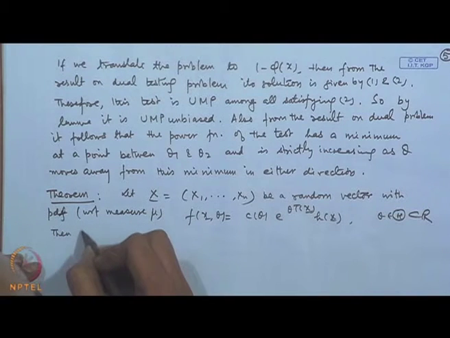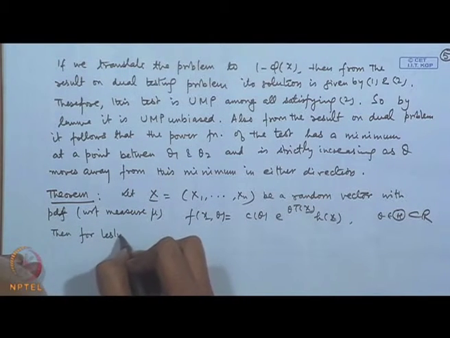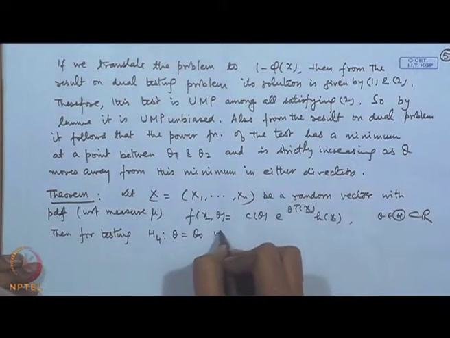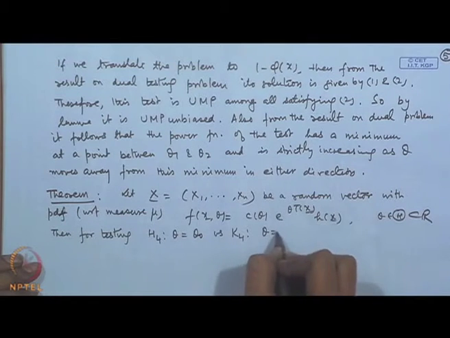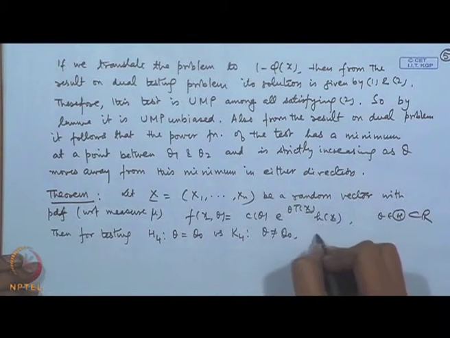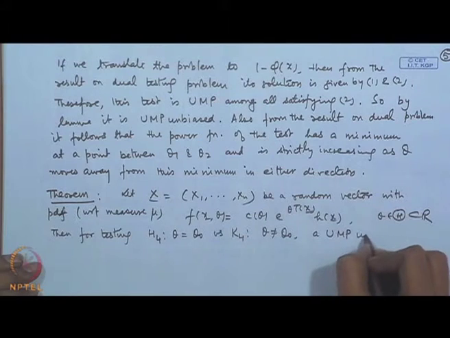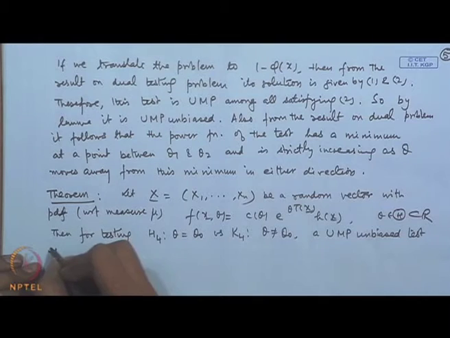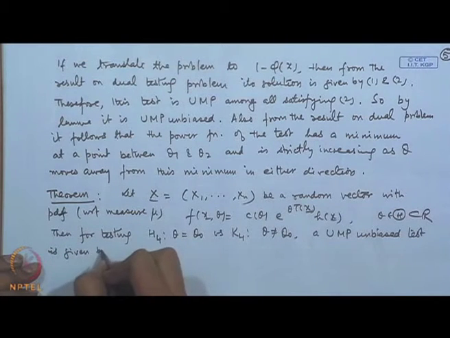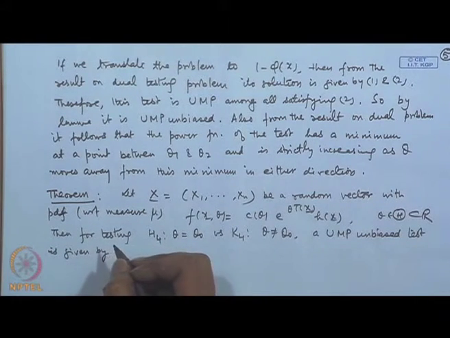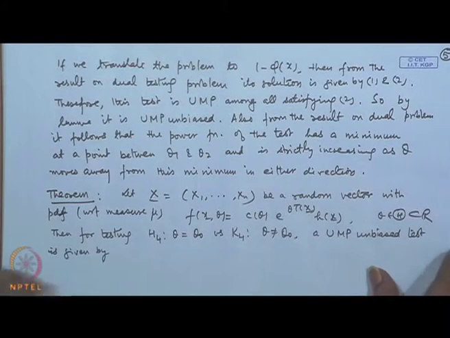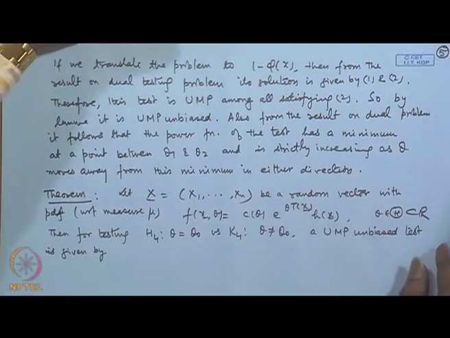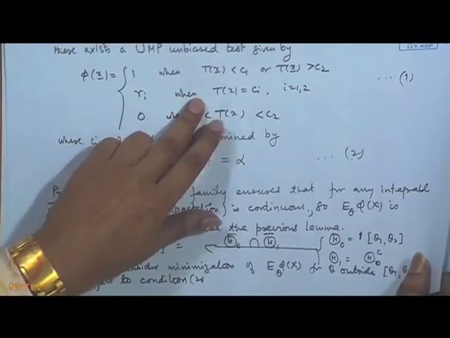Then for testing H naught: theta is equal to theta naught against K: theta is not equal to theta naught, a UMP unbiased test is given by the test which I have stated for the previous problem.